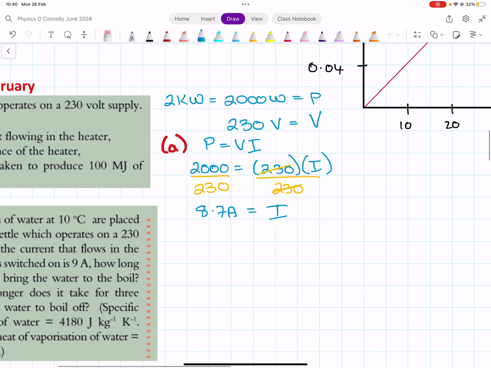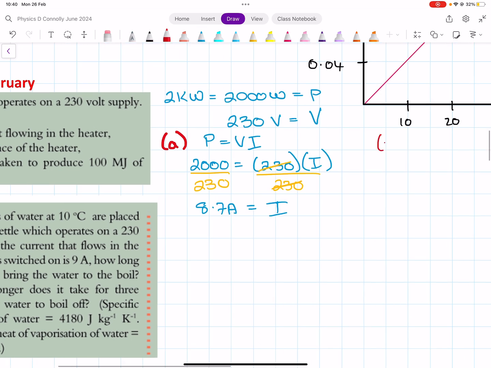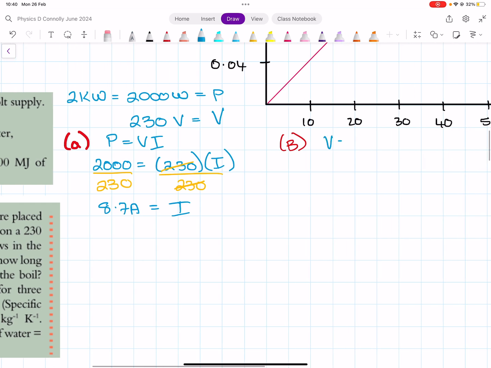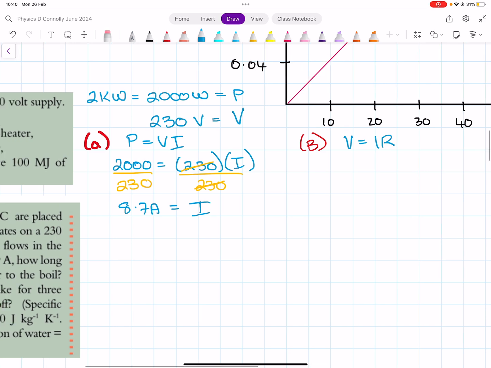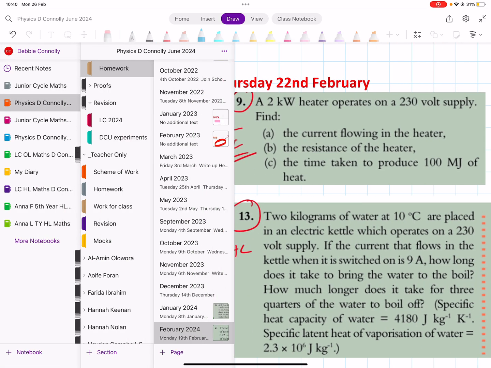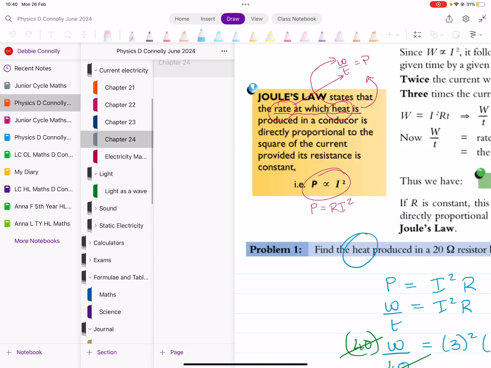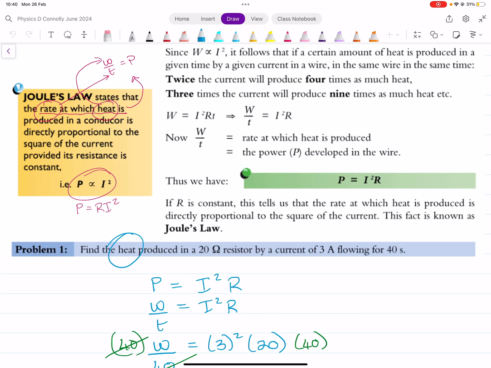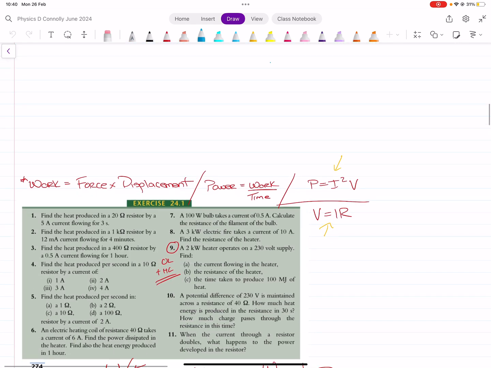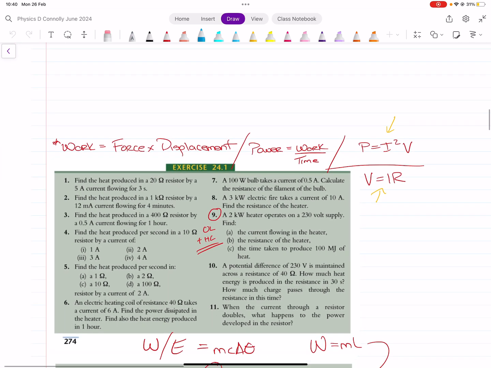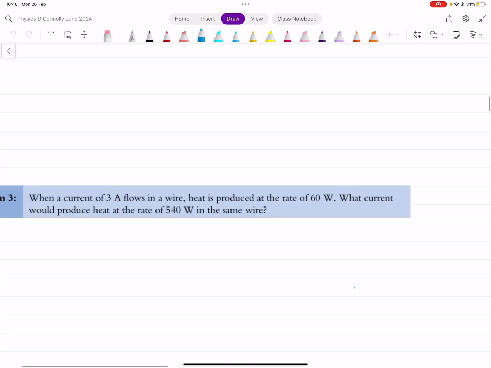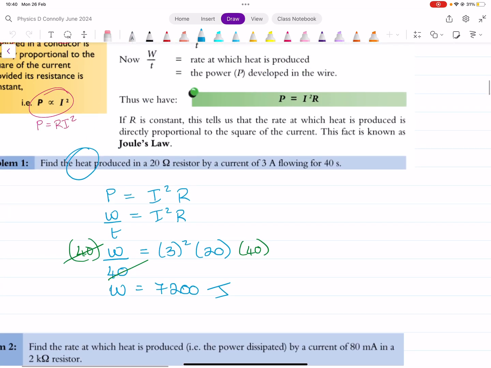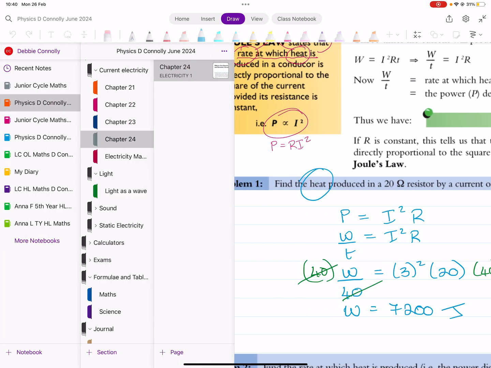The resistance. Ohm's law, V equals IR. Sorry, I'm just going back in here to have a look. Or is it P is I squared R? Could I use either, I wonder? Let's try.